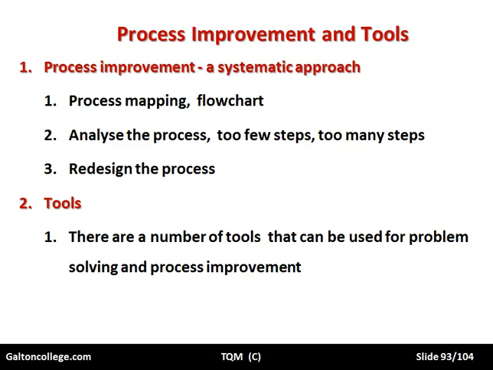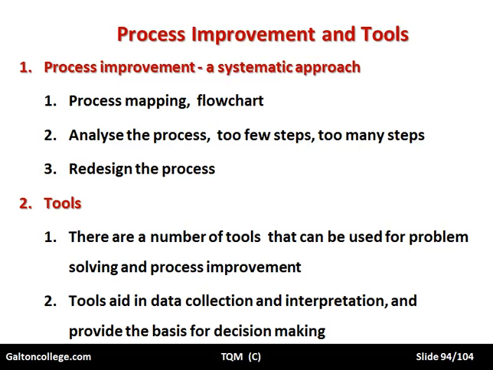Having said that, to see what are the processes involved, and if the processes involved in setting up one particular machine can be reduced or efficiency improved by reconfiguring the way the materials go to the machine or whatever. So sometimes it's by observation. Tools aid in data collection and interpretation and provide the basis for decision making.